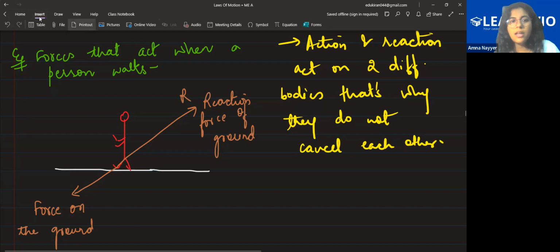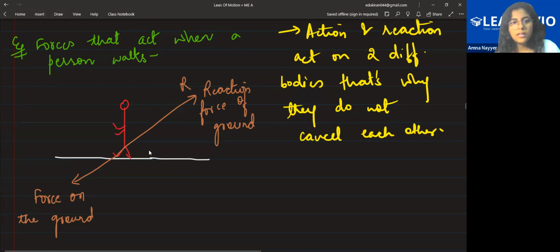Apart from this, there are other forces also acting. Downwards, this is the gravitational force, which is mg.